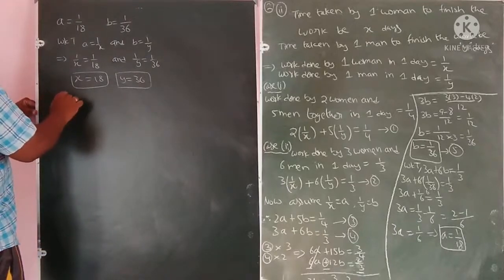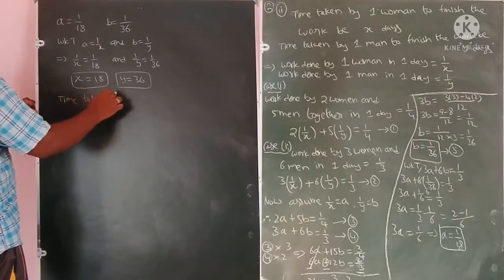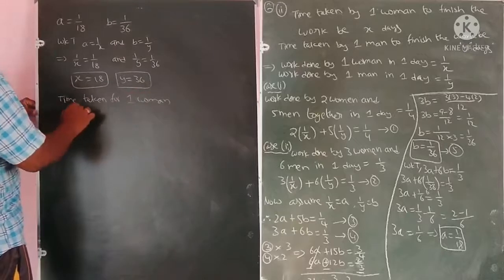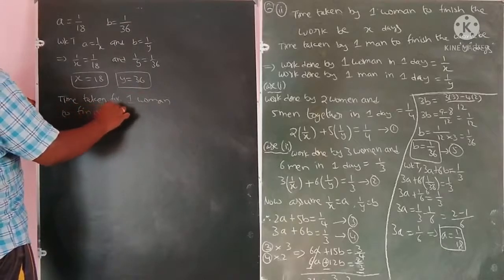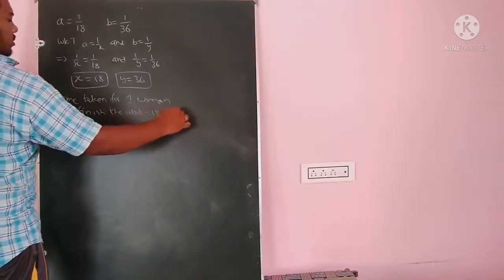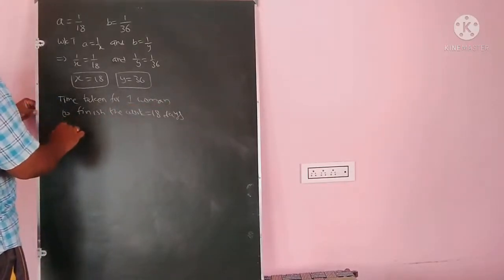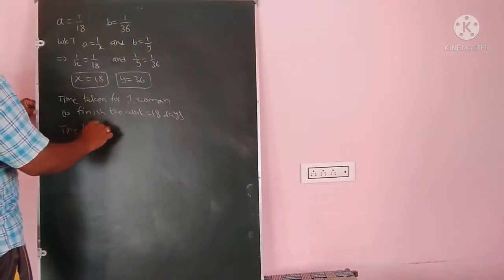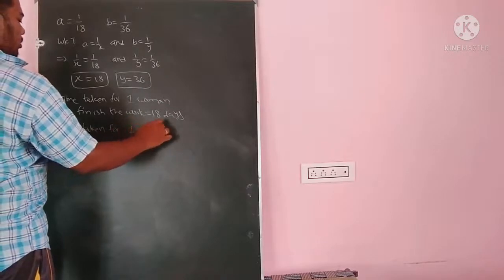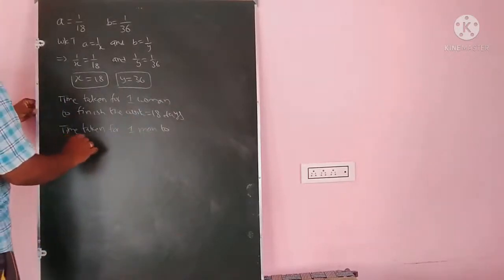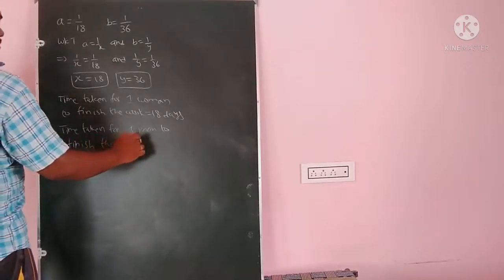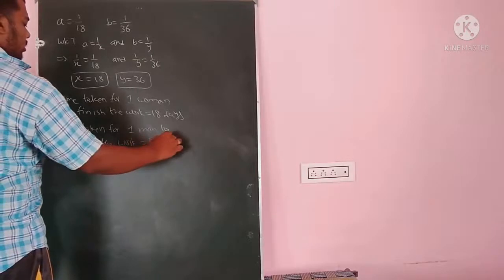So time taken for one woman to finish the work equals 18 days. Time taken for one man to finish the work equals 36 days.